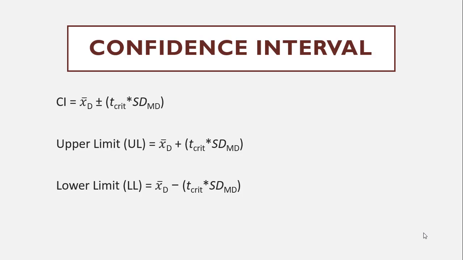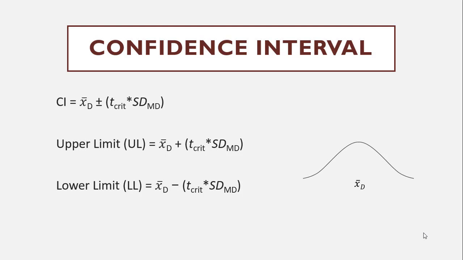They actually would flip places. And when you look at it, intuitively you'll go, wait a sec, this is the smaller number, that has to be my lower limit, this is the larger number, that has to be my upper limit. So you probably would catch it. But if you always use the absolute t critical for this calculation, then you add, you get the upper limit, you subtract, you get the lower limit.